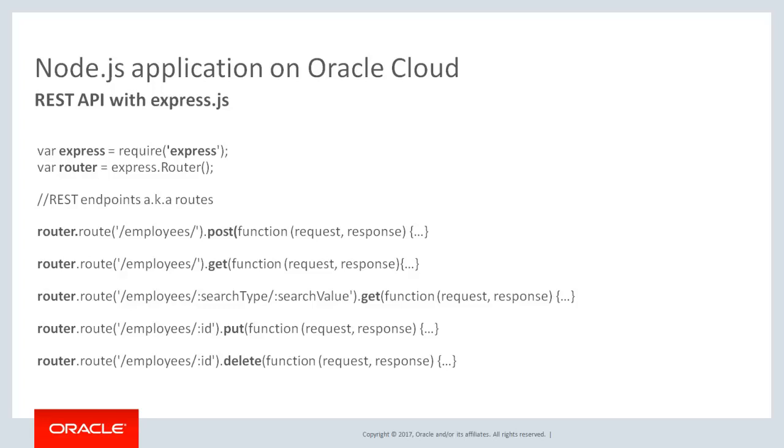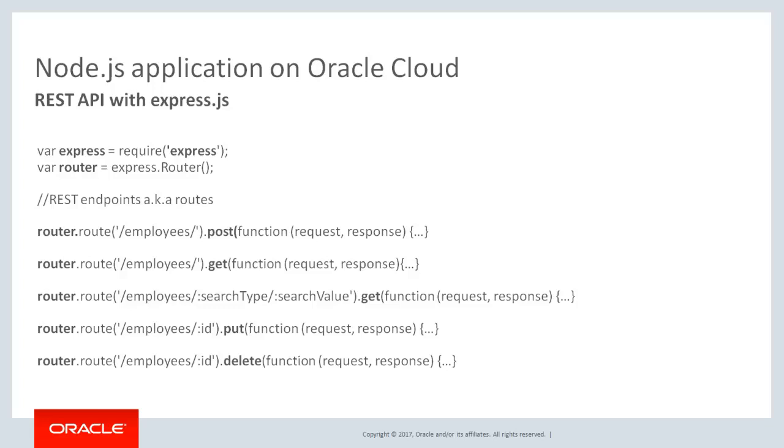For example, the post HTTP verb is used to create a new employee. The get verb is used to get all the employee details from the Oracle database. The other get verb, a variation on the previous one, gives you the flexibility to search based on a particular criteria.